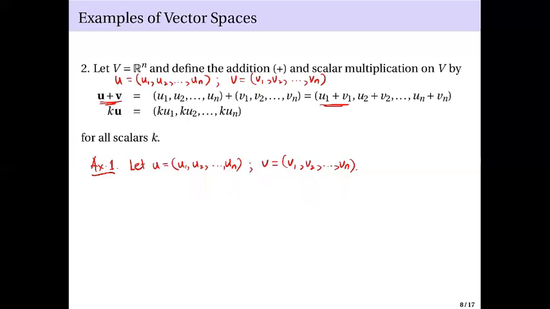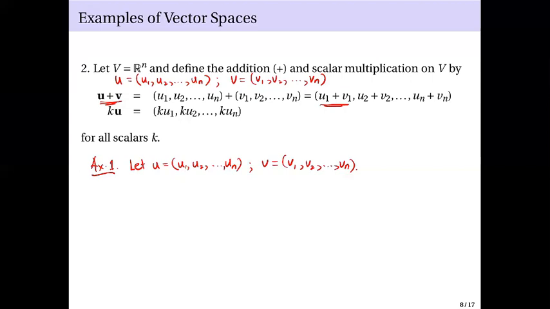So how do we verify the first axiom, the closure? We said that if we add these two, the sum must also be in the set Rn. But what is the condition for an object to belong to Rn? The object must have n components, and the components must be real numbers.